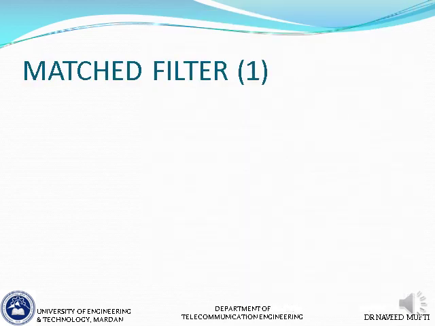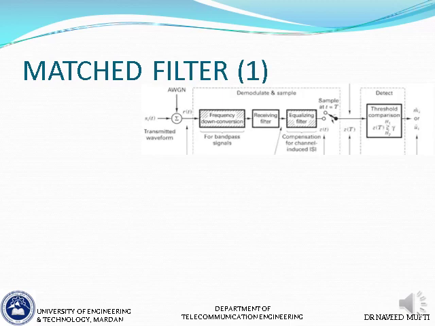Okay, so now coming over to the matched filter, the concept of the matched filter. This figure will be our reference. You've seen that before. That is the demodulation and detector stage in the receiver. So a matched filter is a linear filter designed to provide the maximum signal to noise power ratio at its output for a given transmitted symbol waveform.